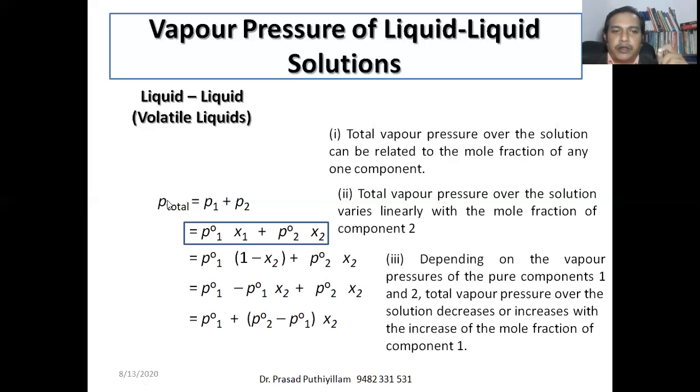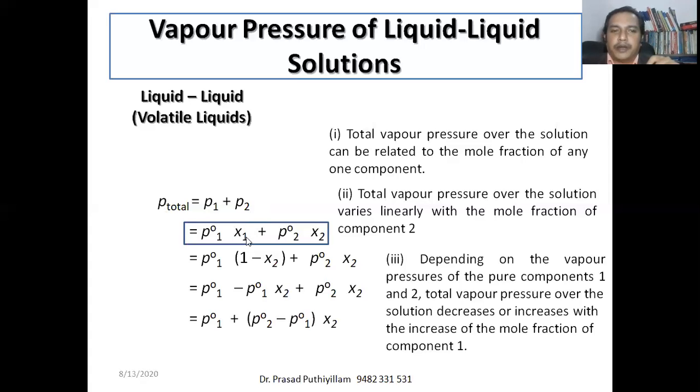That means P total will increase or decrease with the mole fraction of component 1. If x1 increases, the total vapor pressure will be increasing. If x1 decreases, then the total vapor pressure also will be decreasing.